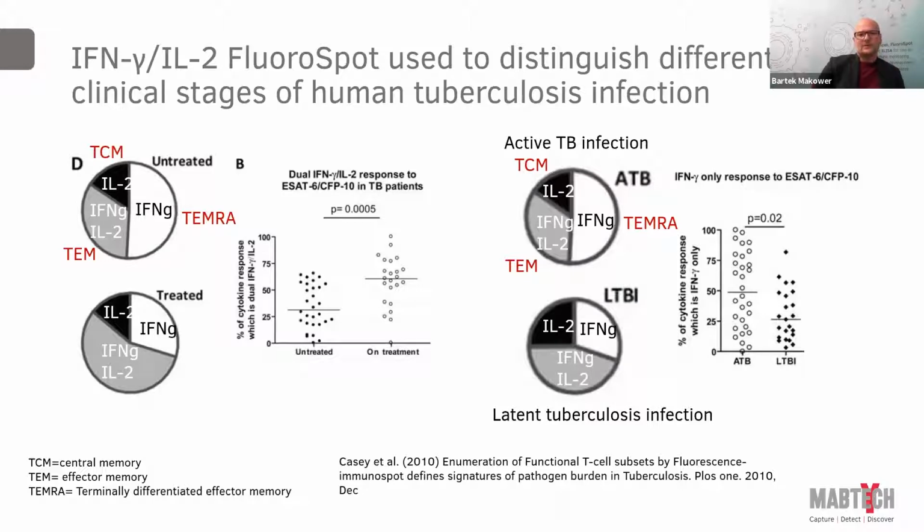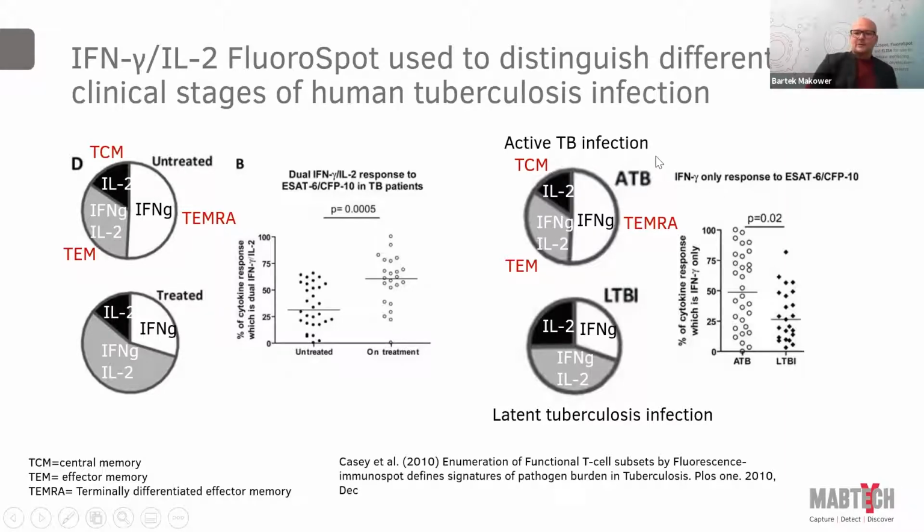But using single interferon gamma, you cannot, for example, distinguish untreated from treated patients, or distinguish active TB infection from latent tuberculosis. But in this interesting paper, they looked at these populations and saw that when you treat patients, the frequency of interferon gamma IL-2 cells really increases, a very significant increase. So that double producing population is interesting.